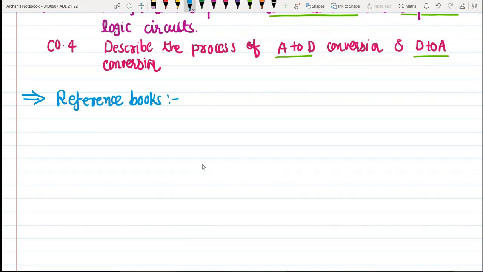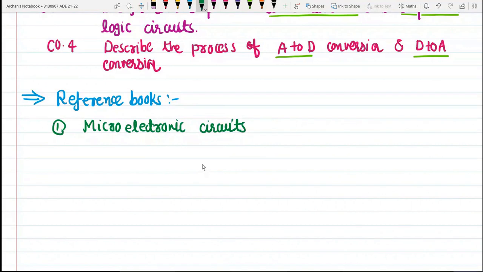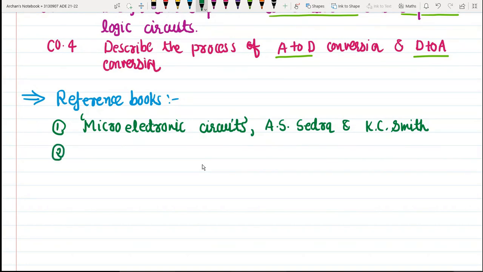Okay, so the first book which we are going to refer is Microelectronic Circuits, which is authored by A.S. Sedra and K.C. Smith. Okay, this is the first book which we are going to refer.